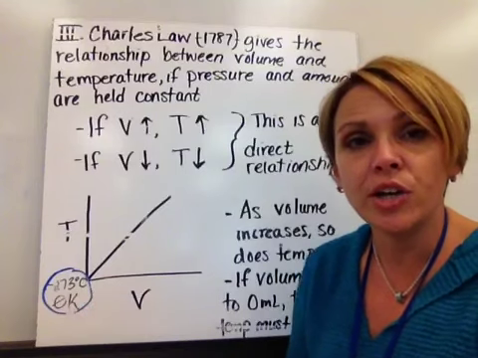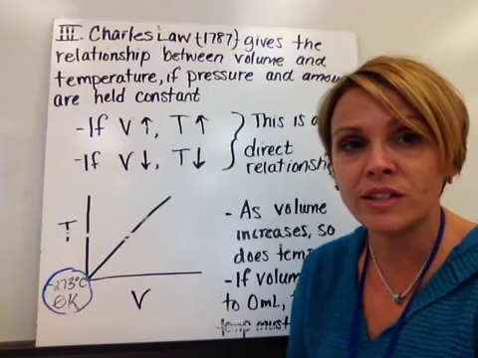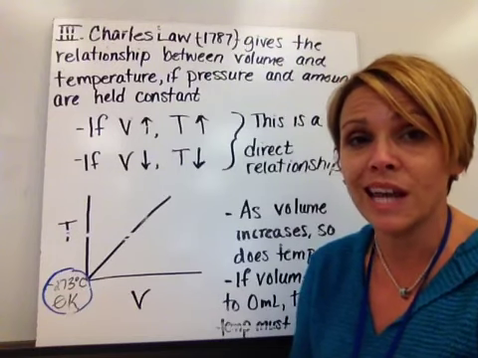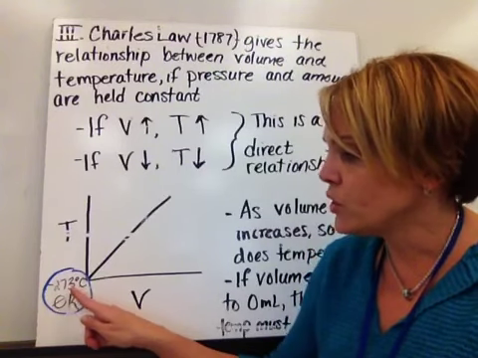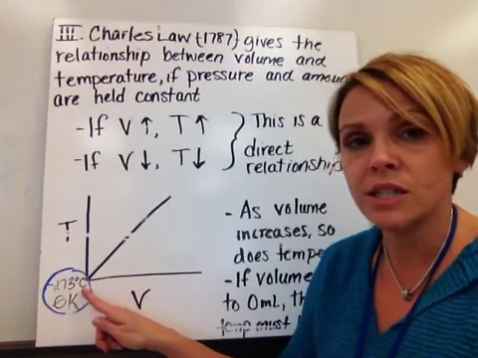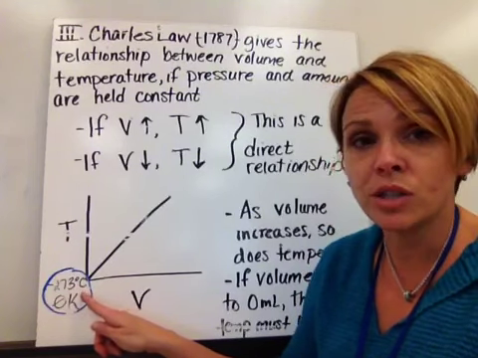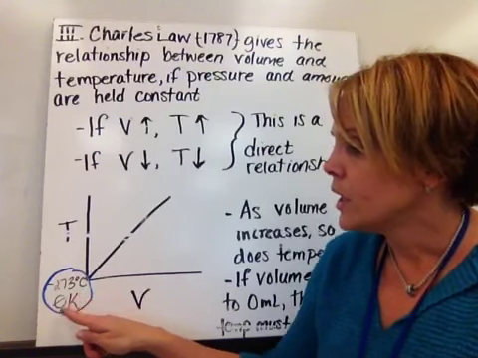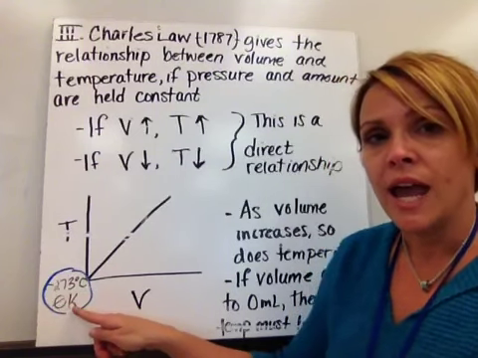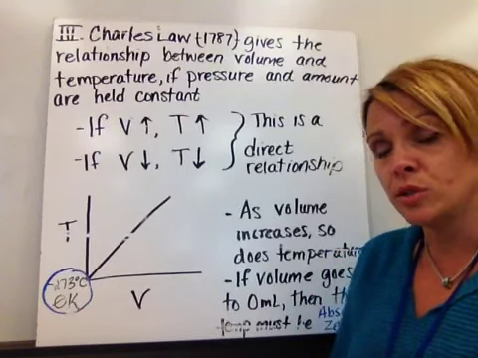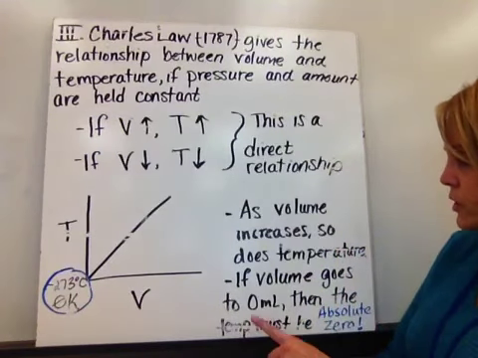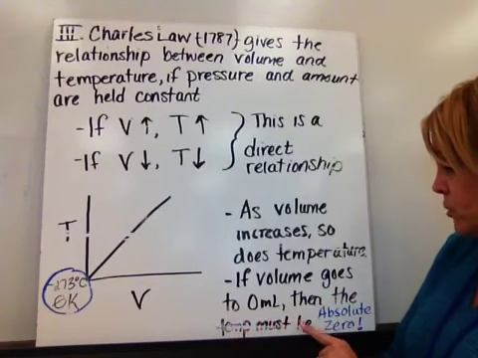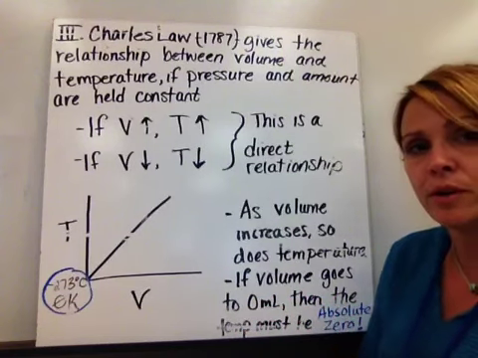So he created a new temperature scale that converts the Celsius temperatures into Kelvin. And so negative 273 degrees Celsius, which is potentially where all atomic motion would stop, is 0 degrees Kelvin. And that's referred to as absolute 0. So if the volume goes to 0 milliliters, then the temperature must be at absolute 0.